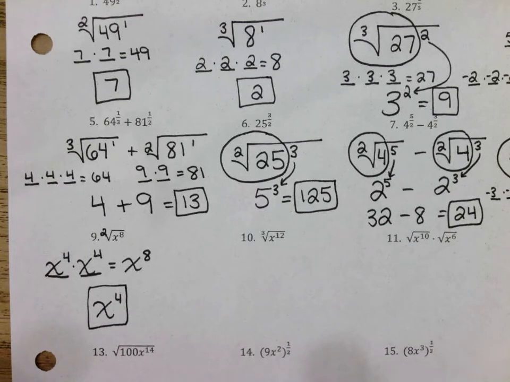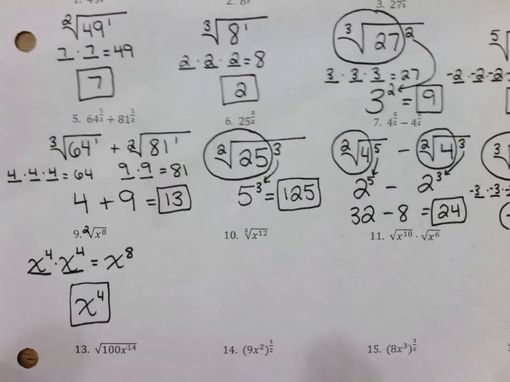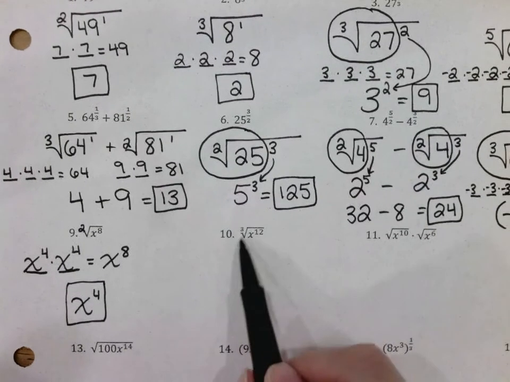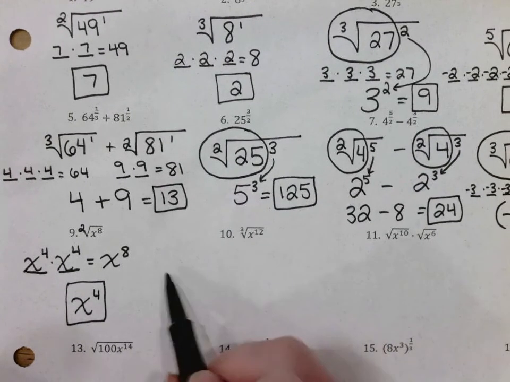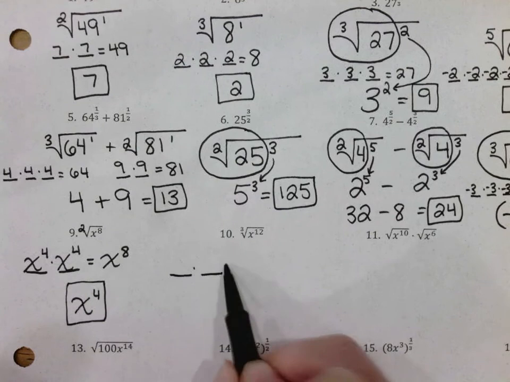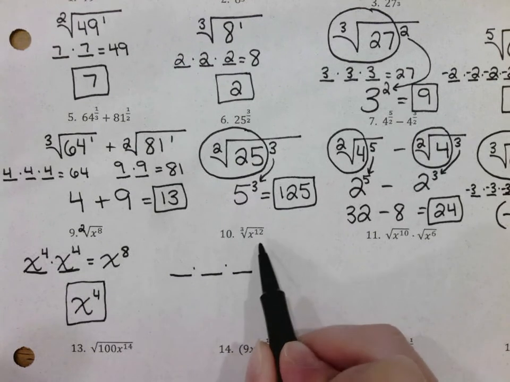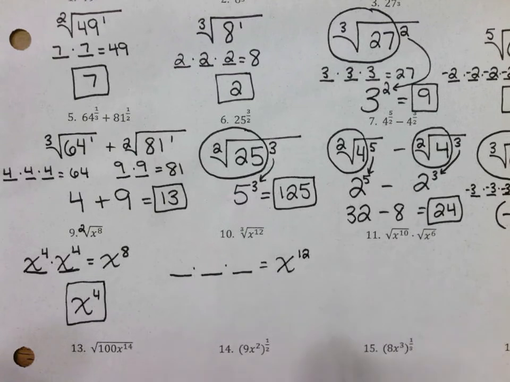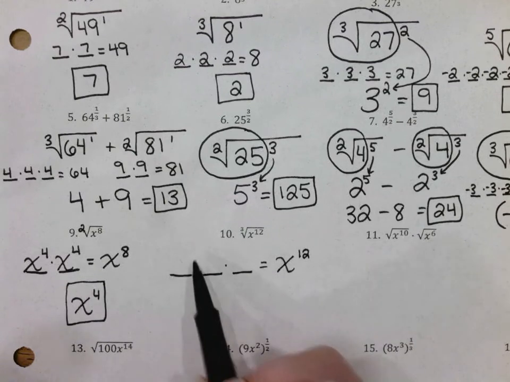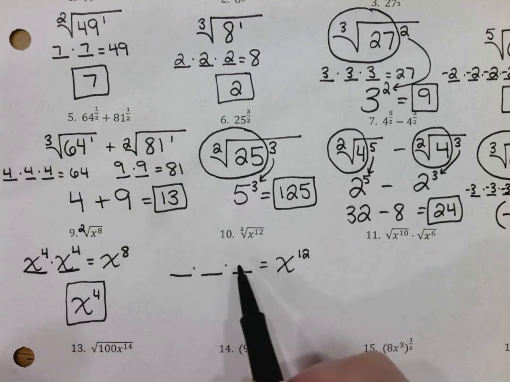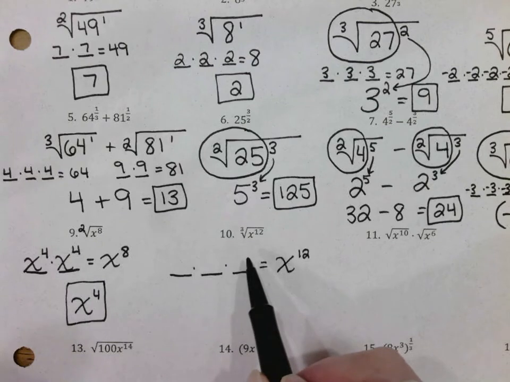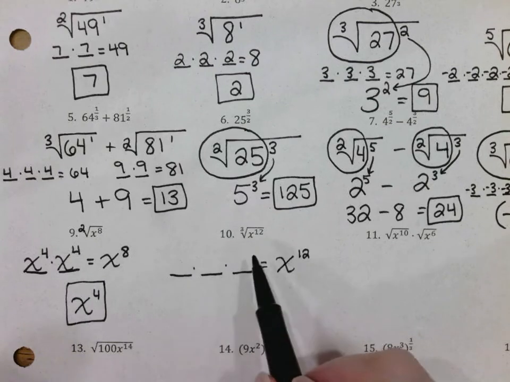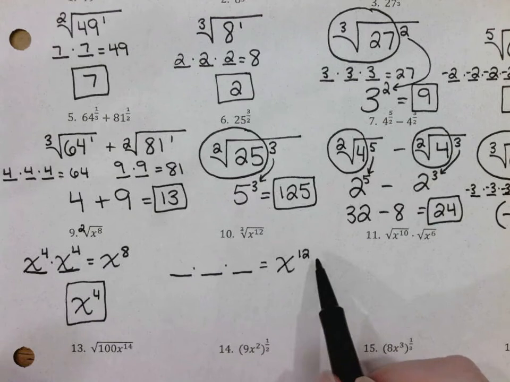Okay, let's look at a similar one here, number 10. It's already in radical form for us. We know we need three things now, something times something times something that's going to get us x to the 12th. And again, we're using the product rule, so it's going to be x to the something times x to the something times x to the something, where if we add all of the exponents, it's going to get us 12.